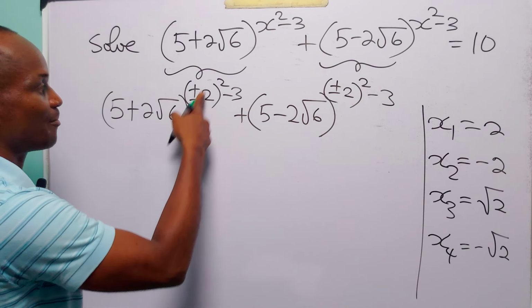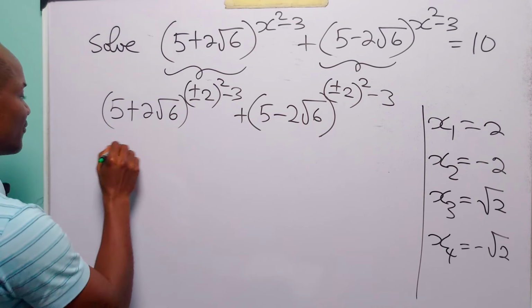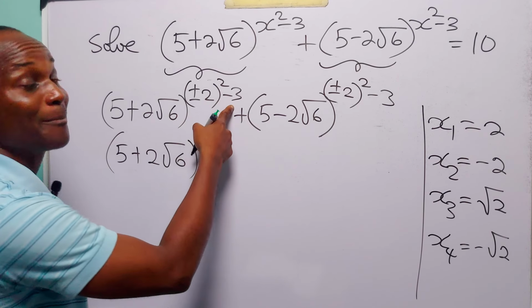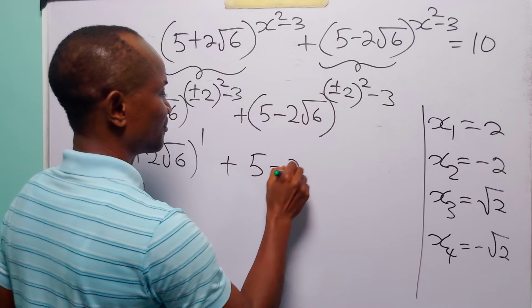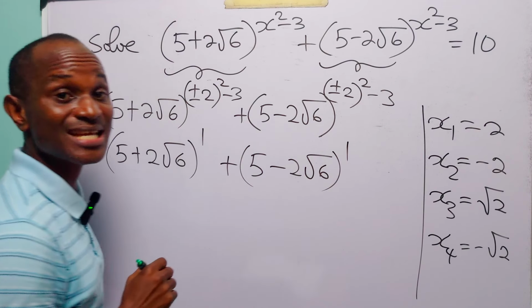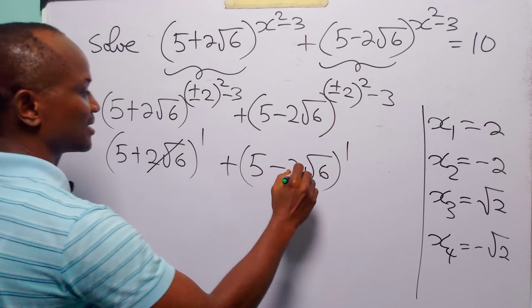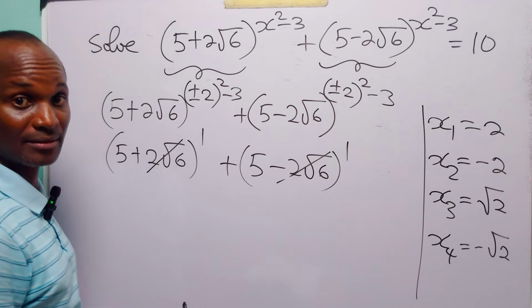Of course, plus or minus 2 squared is equal to 4. So here we have (5 plus 2 root 6) to the power 4 minus 3, which is equal to 1, plus (5 minus 2 root 6) to the power 4 minus 3, which is equal to 1. And of course, when you add these two, this will cancel that. 5 plus 5 is equal to 10.